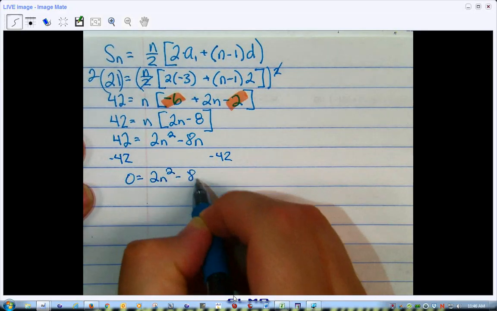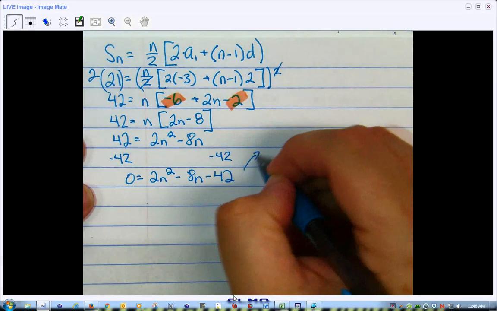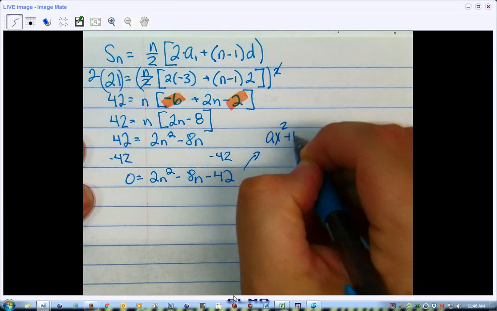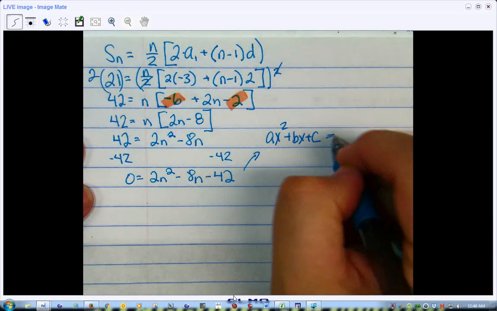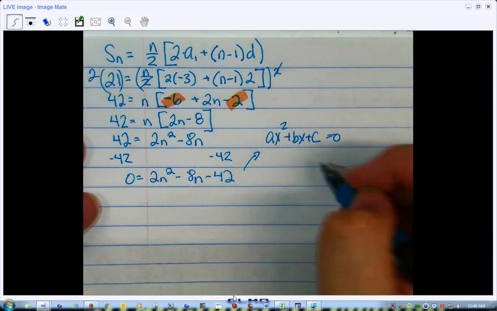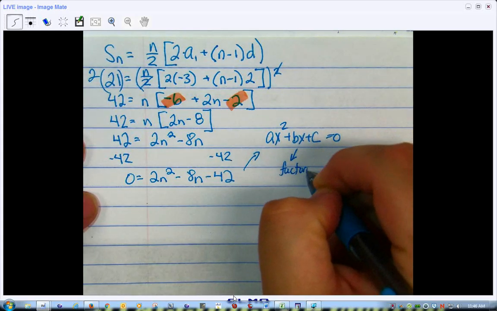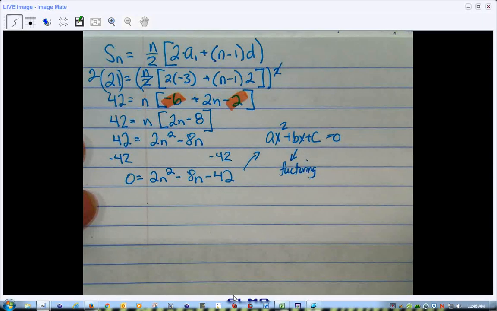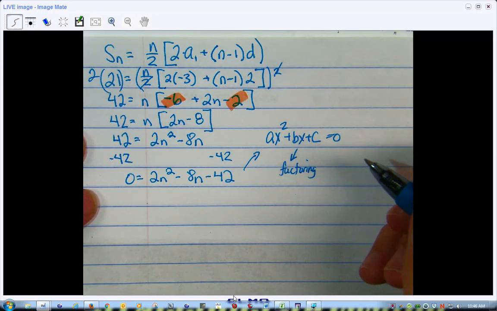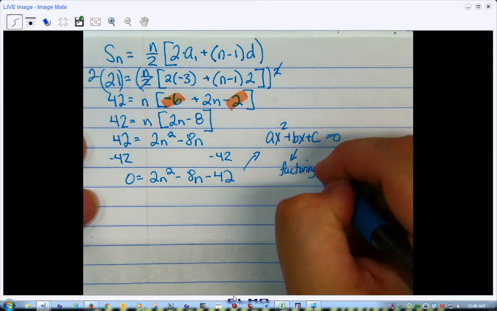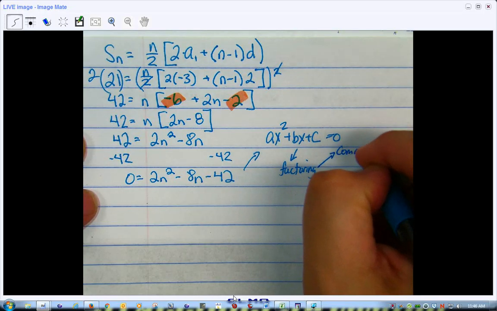Because now we have to solve ax squared plus bx plus c equals 0. And a big way of doing this is factoring. If you forgot how to do this, it's a tool in your toolbox that you always have to have. The first thing when we're doing factoring: is there a common factor? That's your first question.